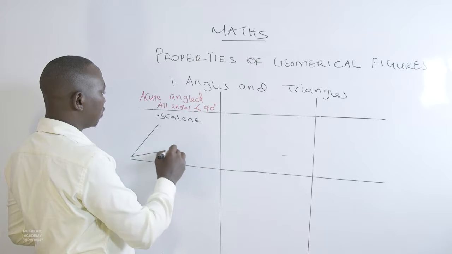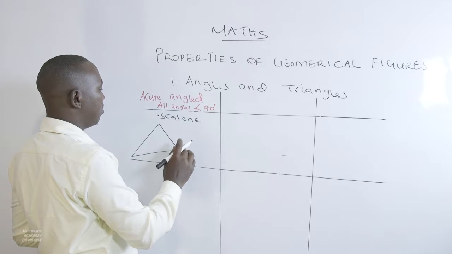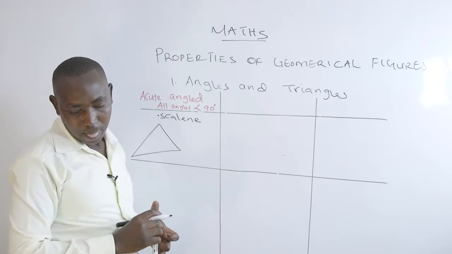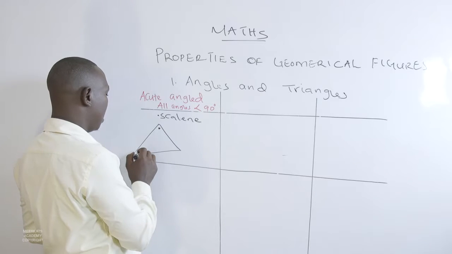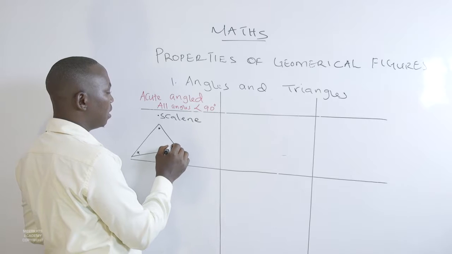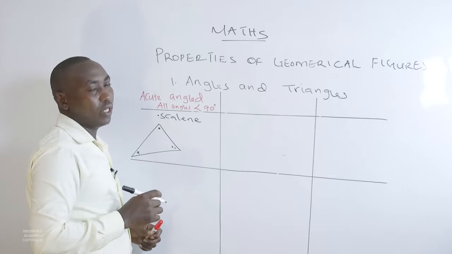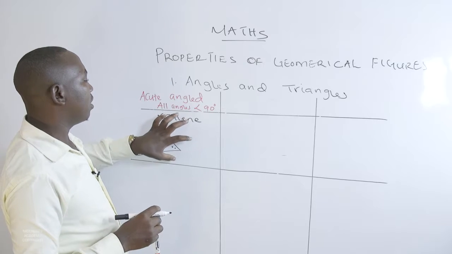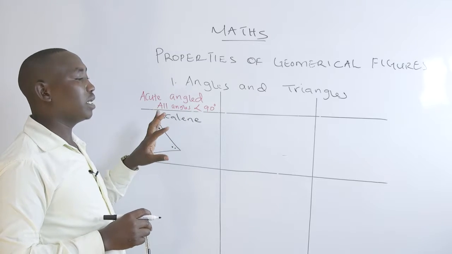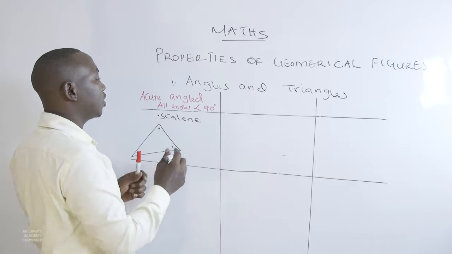So if we try to demonstrate a scalene, we can say that this angle is not equal to this one, which is not equal to this other angle. So this particular triangle is called a scalene triangle.